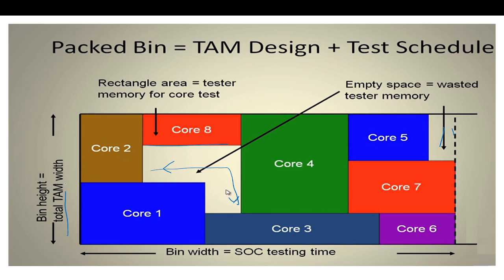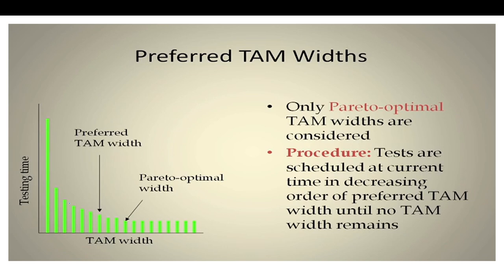So this height actually determines the TAM width, and this width is the testing time, SOC testing time. So bin width is equivalent to the time, and bin height is equivalent to TAM width. Now preferred TAM width, if only the Pareto optimal TAM widths are considered.